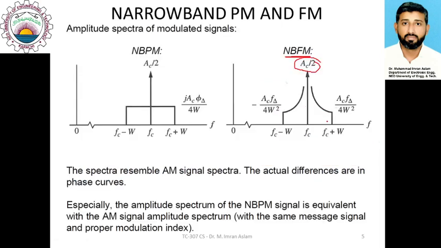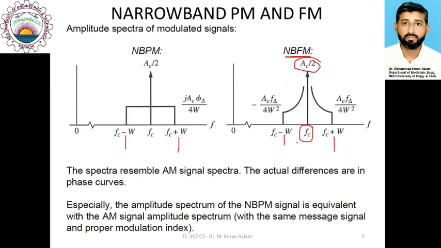You would see that as we go closer to the carrier frequency, the spectrum amplitude would be increasing, so it goes towards this spike. However, you should notice that in both cases the bandwidth is the same.